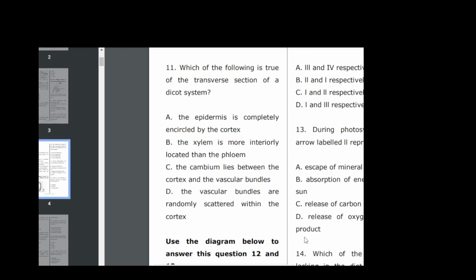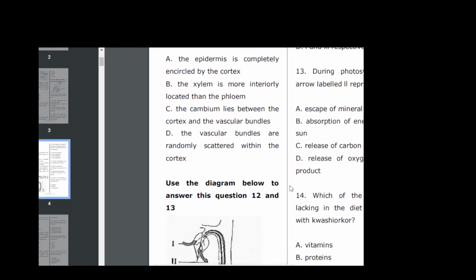In photosynthesis, the plants make use of the energy in the sun, carbon dioxide, and the nutrients in the soil to manufacture their food, and in the process oxygen is released as a byproduct. So the answer to that question is D, release of oxygen as a byproduct.